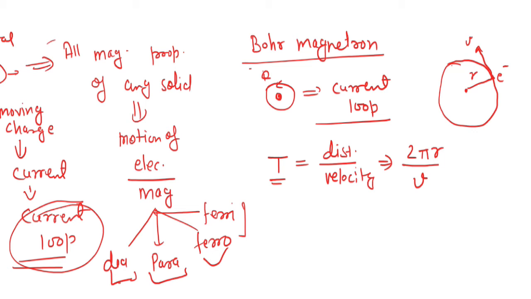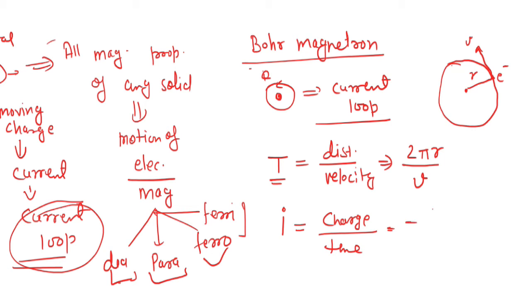So if you equate this as a current, the value of current will be equal to total charge divided by total time.